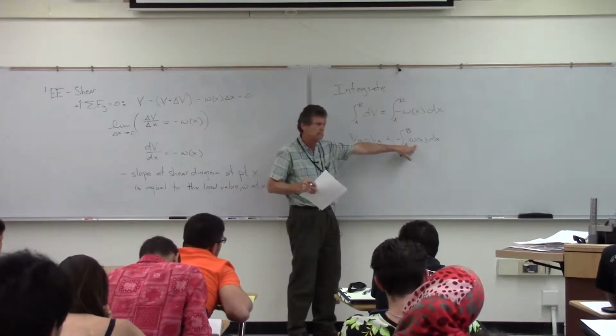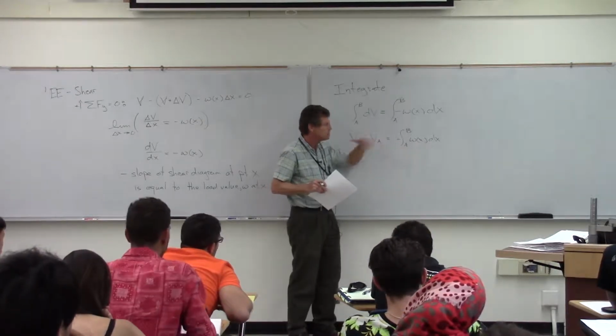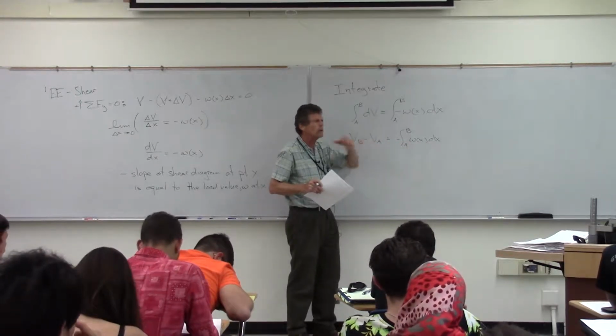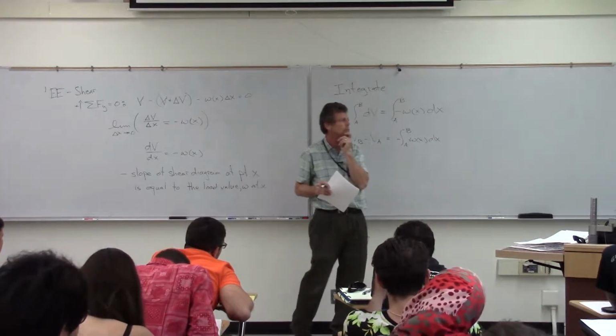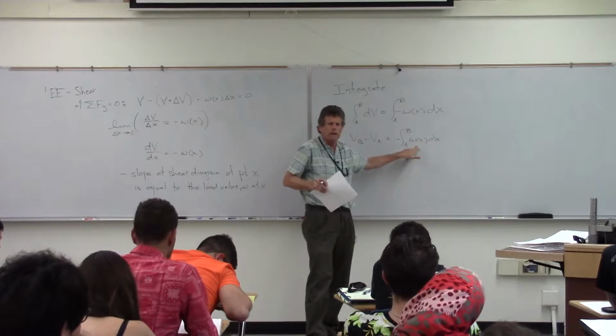It looks like the work function. Kind of like the work function. Remember when we did equivalent loads under a distributed load? Yeah. So basically that's simply the area under the load curve.